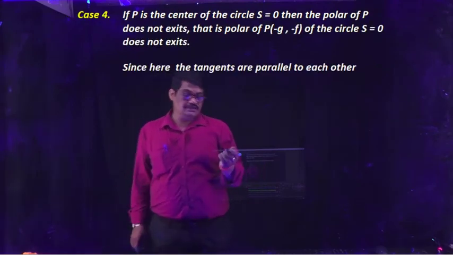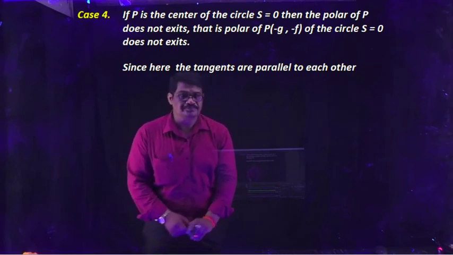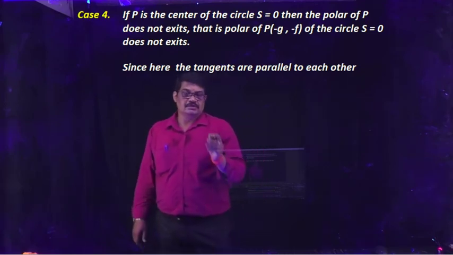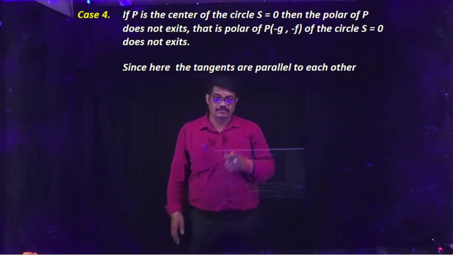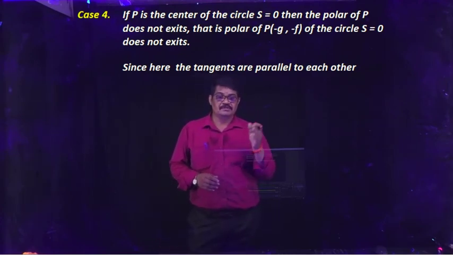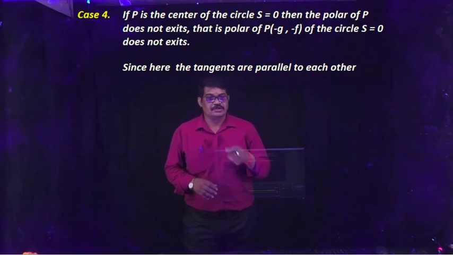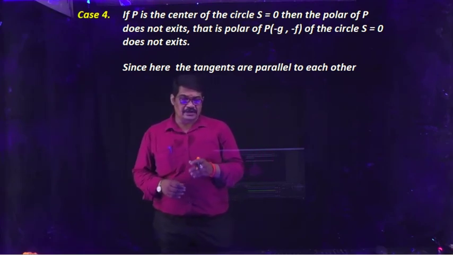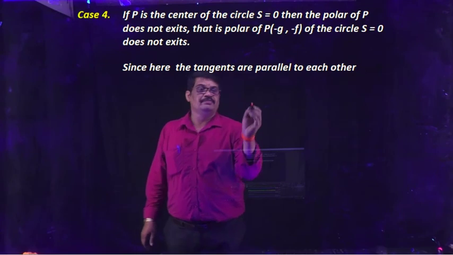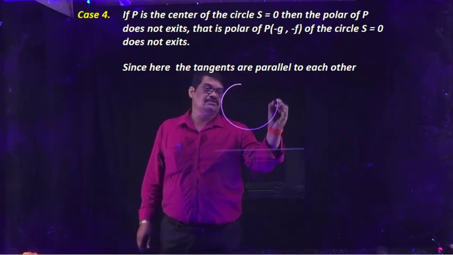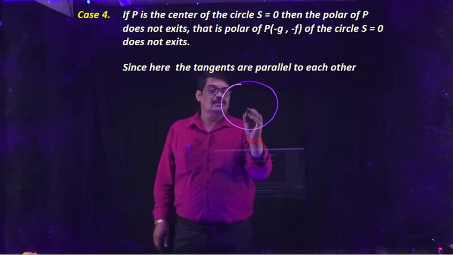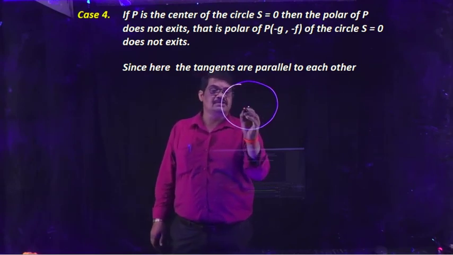Next, the fourth case is if the point is the center of the circle, S is equal to 0, then the polar of P does not exist. See the diagram. This is the circle, this is the center.